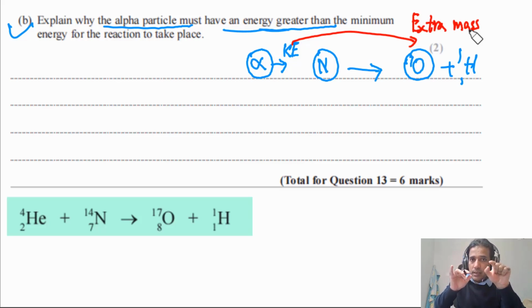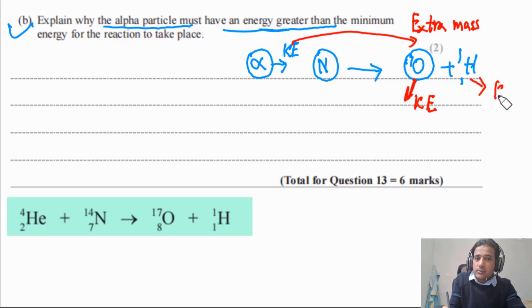Part of the kinetic energy has been converted into mass, but initially the alpha particle has some kinetic energy and it has momentum, so the momentum afterwards also has to be conserved. So the products must be moving, so this one will have some kinetic energy and this particle also will have some kinetic energy.